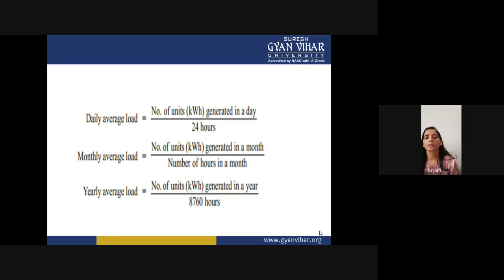And like this, your yearly average load is equal to number of units in kilowatt hour generated in a year divided by total hours in a year. So by these three formulas, you can easily calculate your daily average load, monthly load, and yearly load. Hope it is now clear to you.